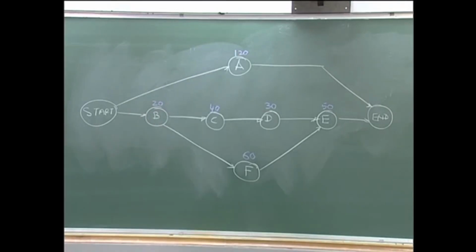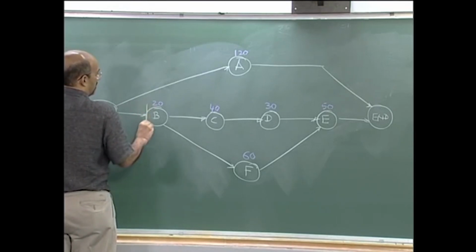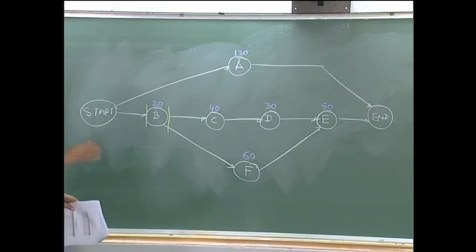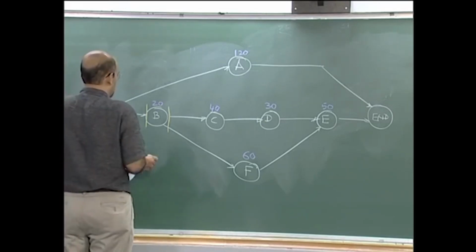You might have used the tabulation or you might have used the network. Setting up the tabulation takes a little more time, so for a problem of this nature I would suggest you use the network.